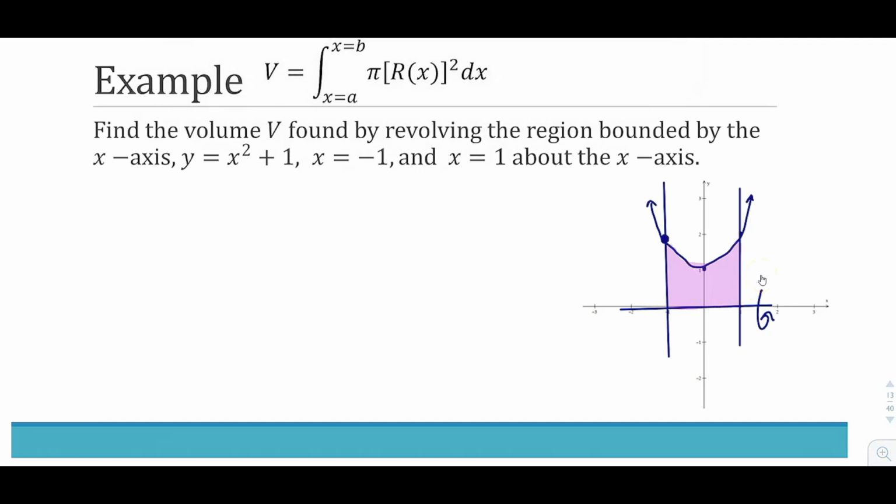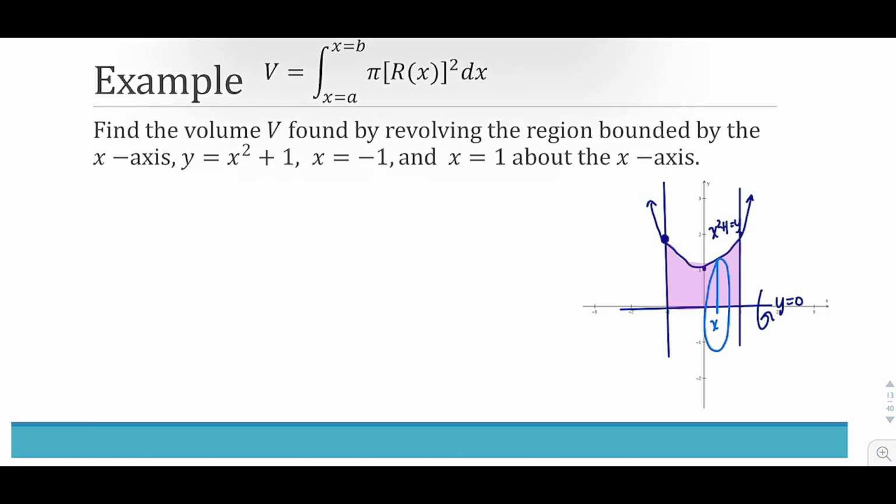So we can still think about constructing a cross-section at some generic x. So the cross-section would look like a circle when we revolve around the x-axis. And that radius would be top minus bottom, so this top function here was x squared plus 1, and the bottom function here is just y equals 0.